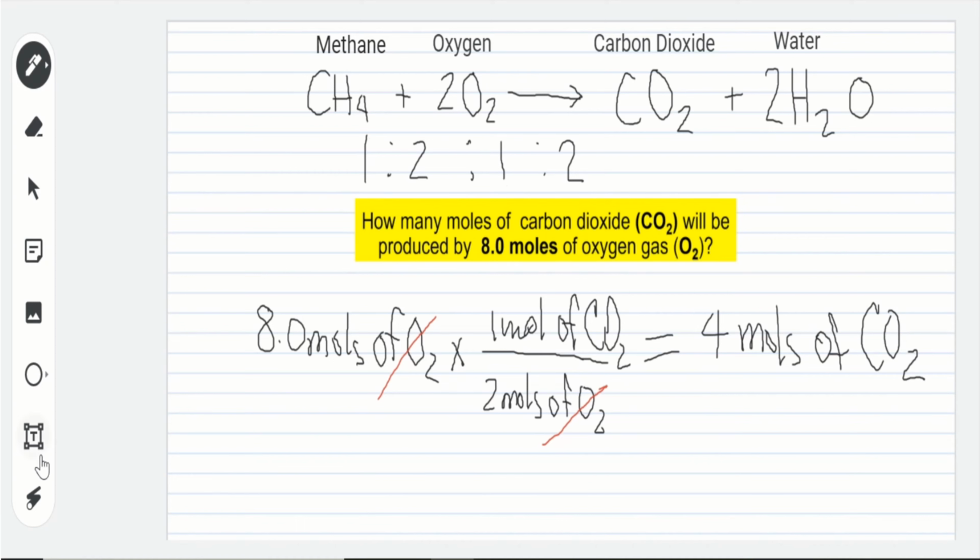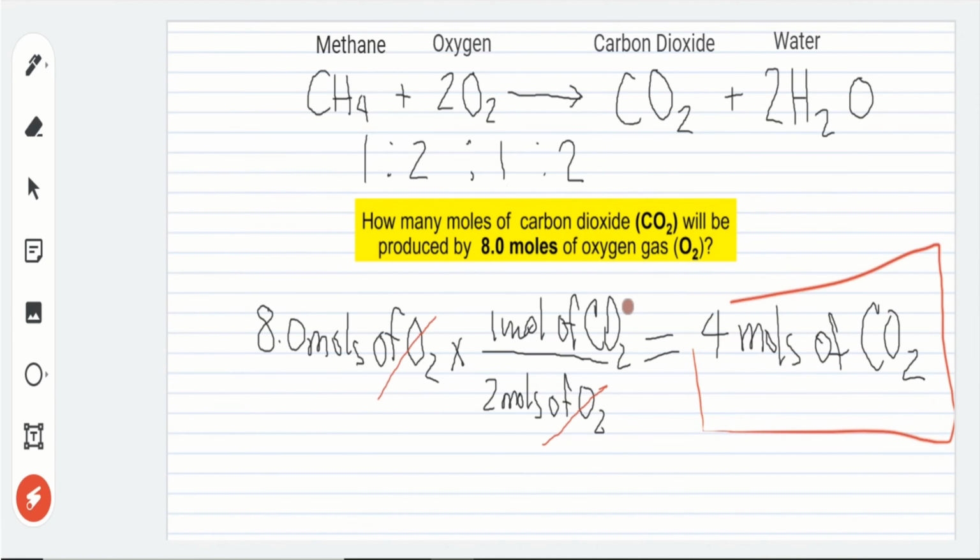So ibig sabihin, for 8 moles of oxygen, makakagawa tayo ng 4 moles of carbon dioxide. And again, kung titignan nyo pa rin yung ratio or proportion ng oxygen to carbon dioxide, it is still 2:1.